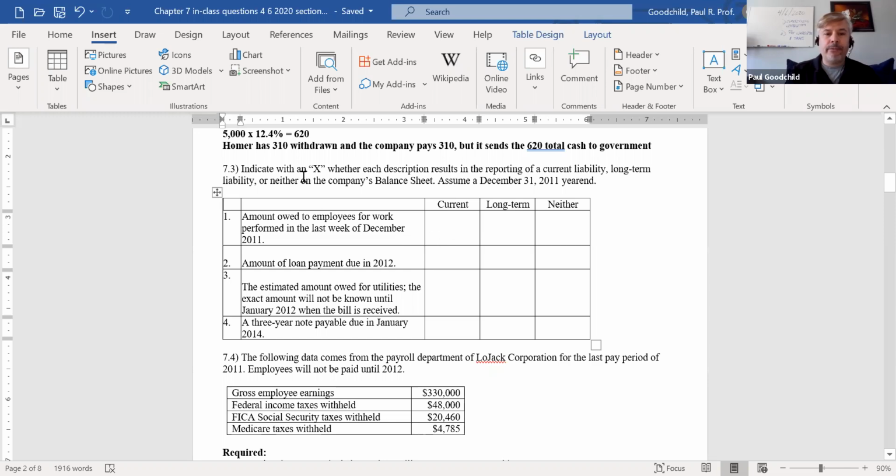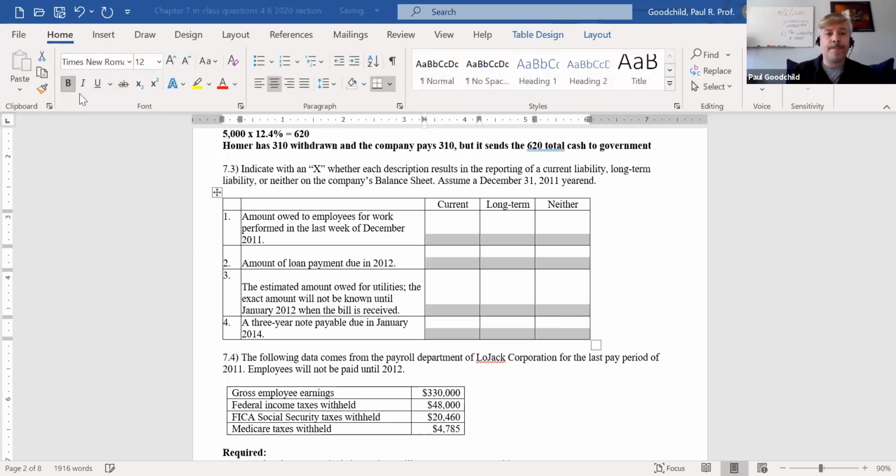All right. So it just says put an X, whether each description reports in a current liability, long-term liability, or neither. The first one has a little twist to it. It says amounts owed to employees for work performed in the last week of December 2011. The hook there is, oh, well, it's going to be paid in 2012. So is that long-term or short-term?